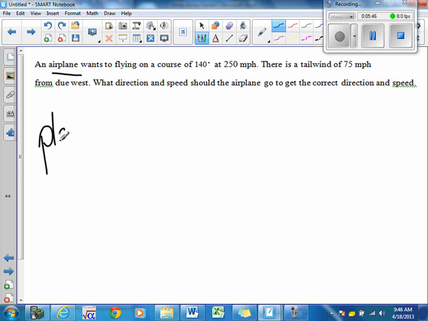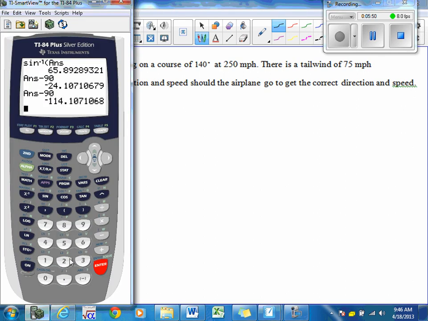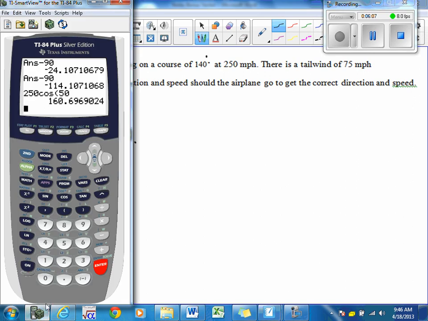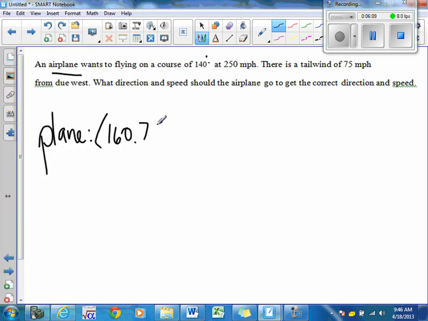I could look at my plane, and I could do 250 cosine of 50 and get 160.69, or 160.7.